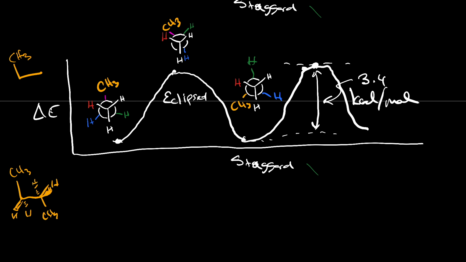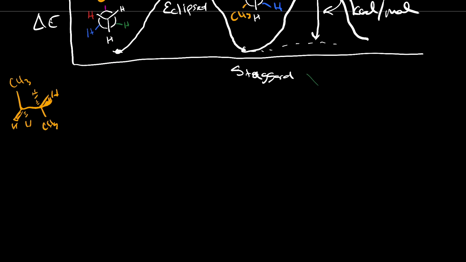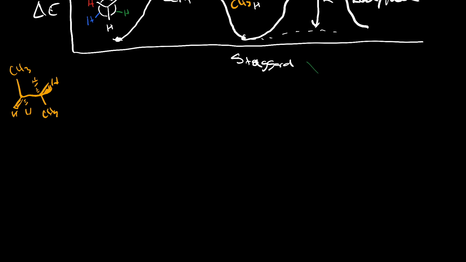We can still do some staggering, but there's varying levels of energy, right? So the way I've drawn it here, I've drawn what you typically see. You draw the methyl groups the furthest apart, and that is actually a low energy conformation. In fact, that's the lowest energy conformation that you can draw, right?